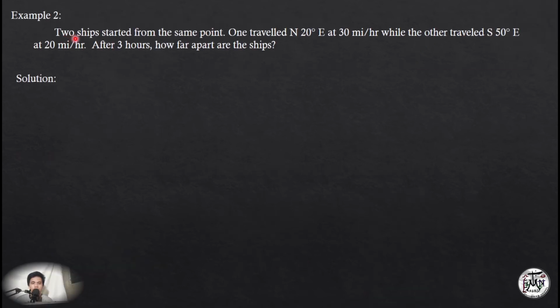Another example: two ships started from the same point. One traveled north 20 degrees east at 30 miles per hour, while the other traveled south 50 degrees east at 20 miles per hour. After 3 hours, how far apart are the ships? Okay, so we draw.